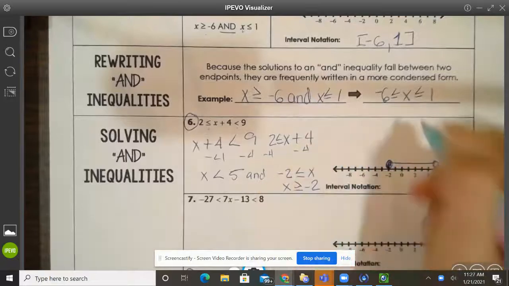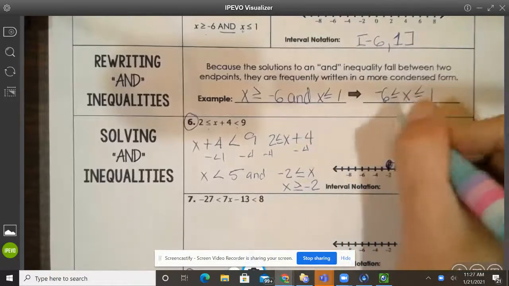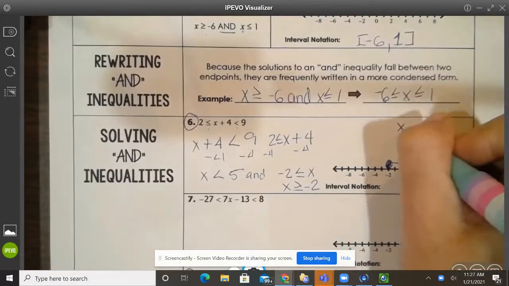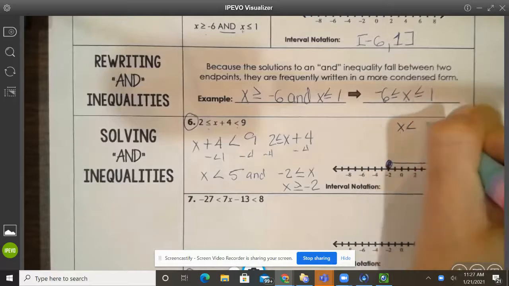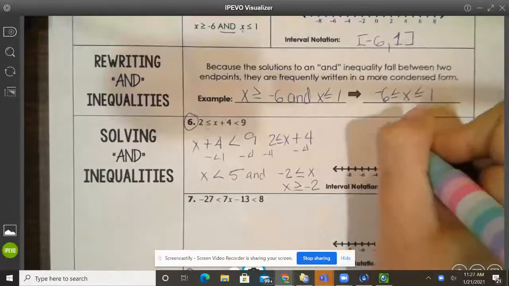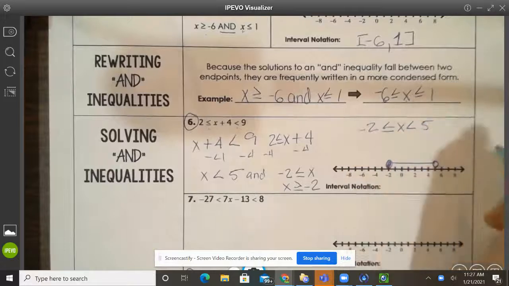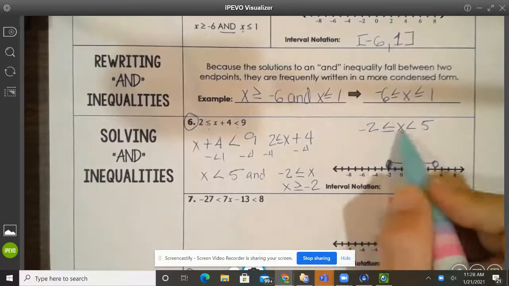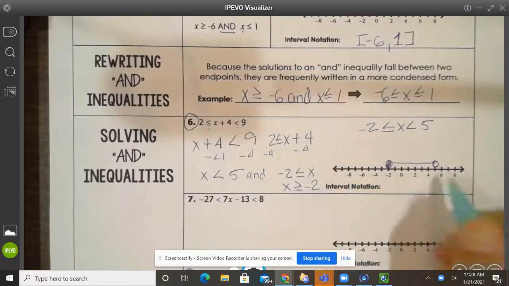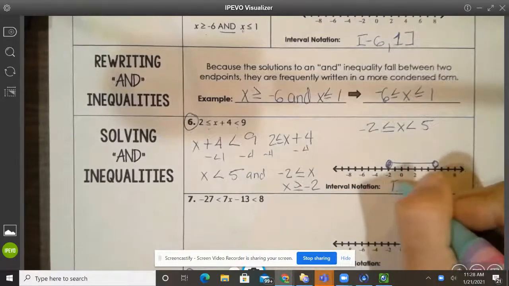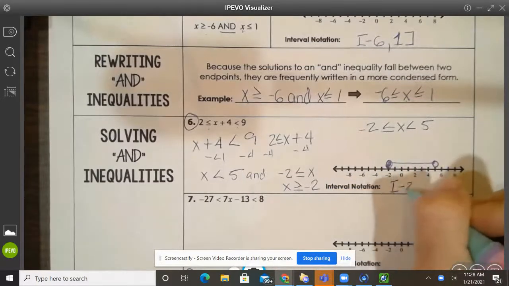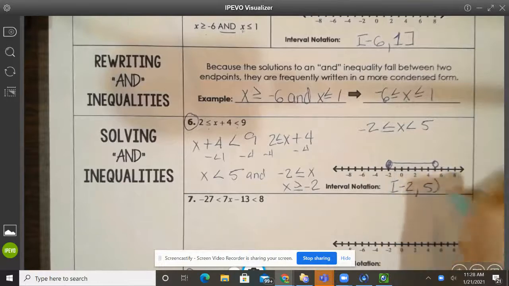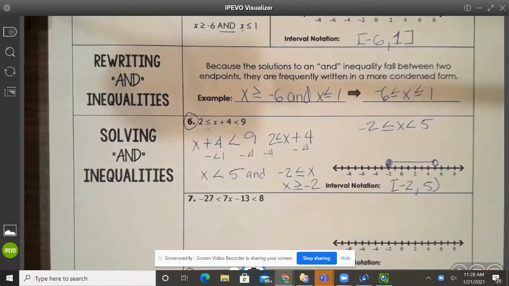When you condense it, you write x, and then it's less than 5, in between that, negative 2. Notice that I had to switch the sign here, but it's the same thing. It's written this way, right? And then my interval would be negative 2 is included, but 5 is not, so you use parentheses with 5. Okay. A lot of things going on in this one, right?